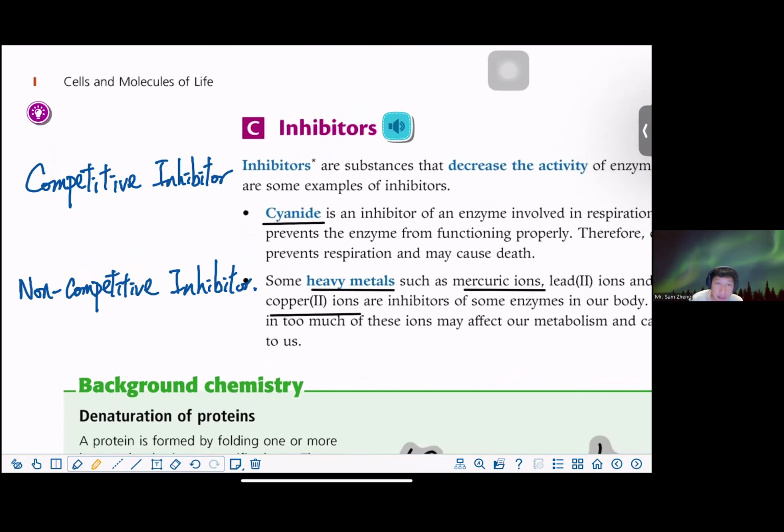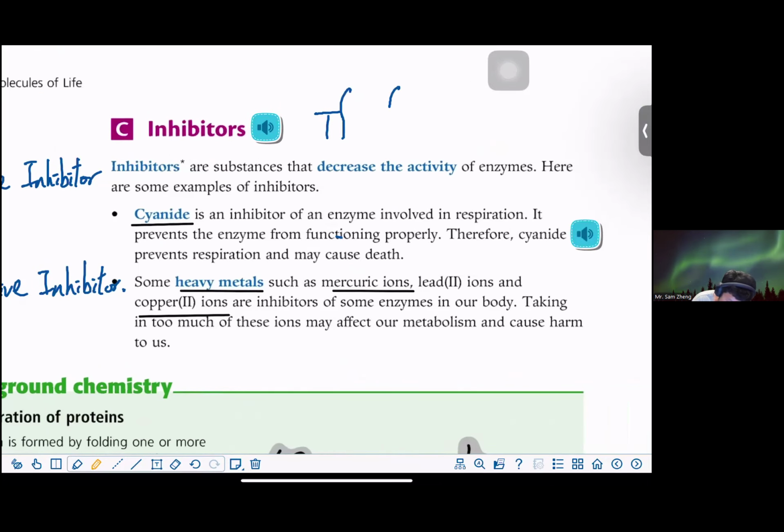Now, let me make a metaphor, or maybe let me use the chair as an example. Now, this is the chair. Okay, it looks very much like a chair. These chairs are actually similar to the enzyme.